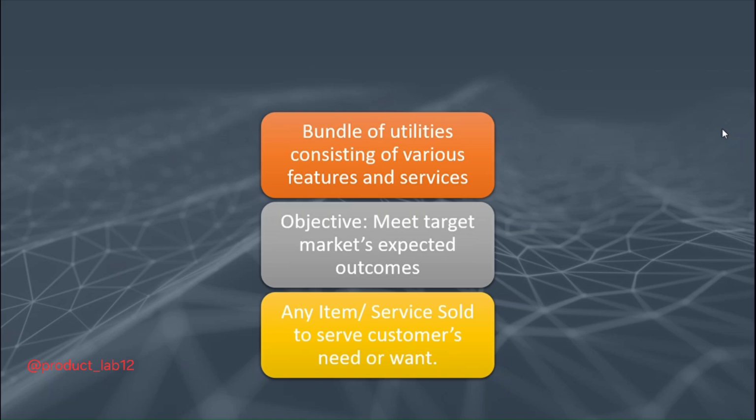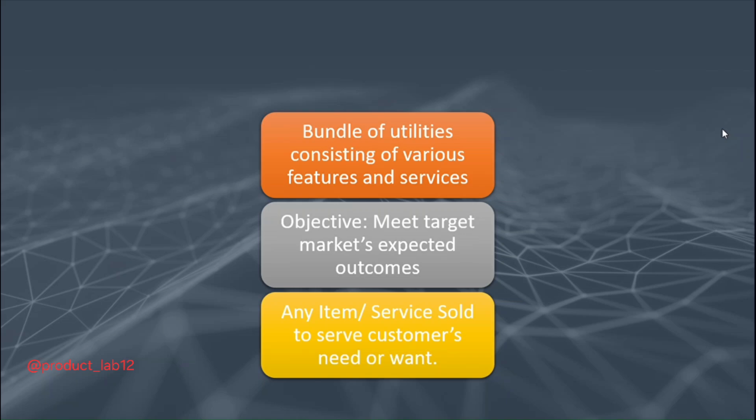It's not only the technical products which we are developing; the bicycle you are using, the laptop, the phone, everything around us which is serving a need or want is a product. The main objective of a product is that it should meet most of the target market's expected outcomes. If it is serving the objective, that's the right product for us.